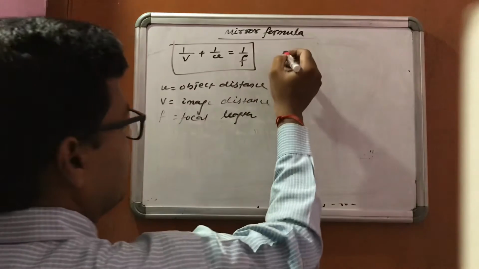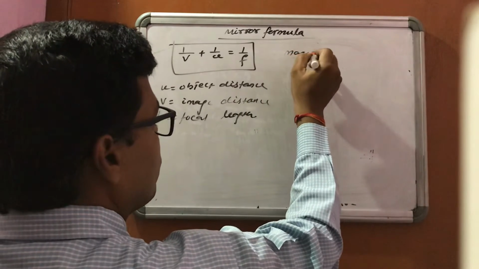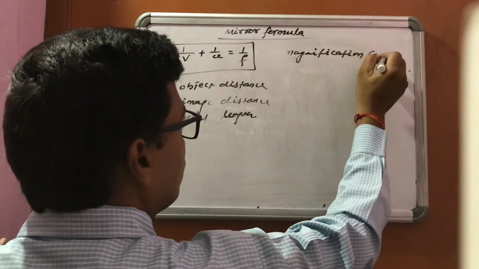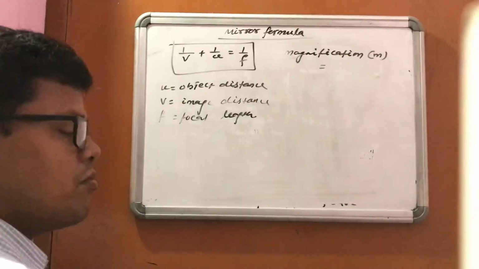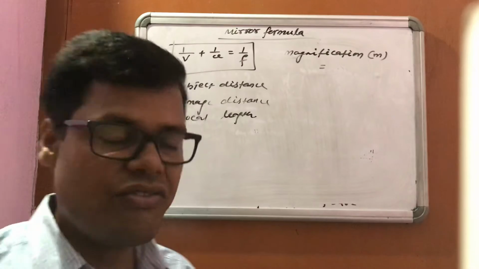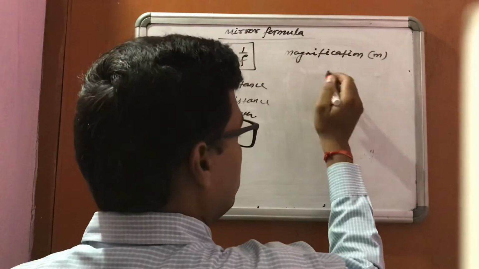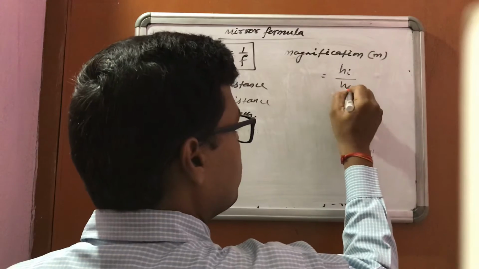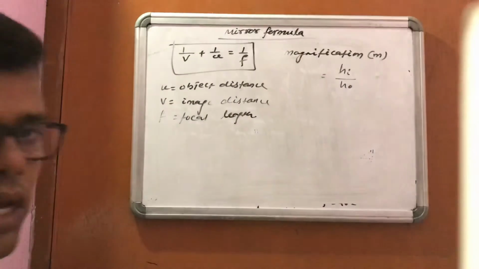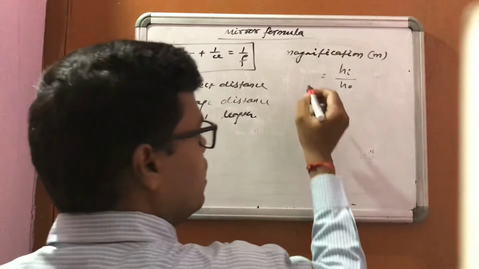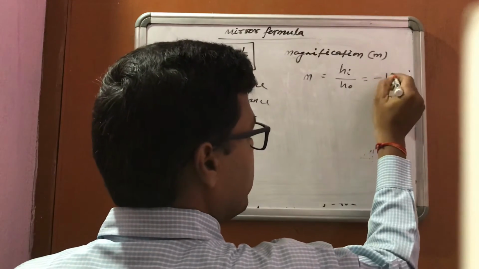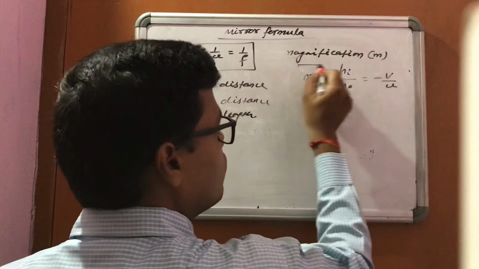Then magnification. What is magnification? Magnification is the ratio of the height of the image to the height of the object. And it is also equal to minus v by u.